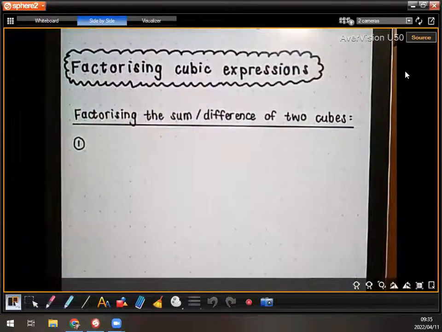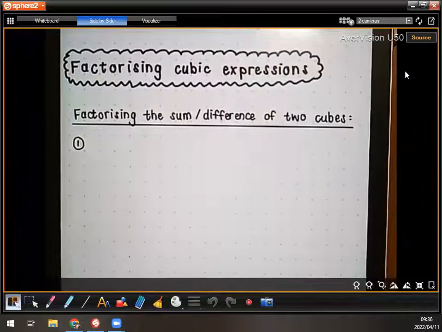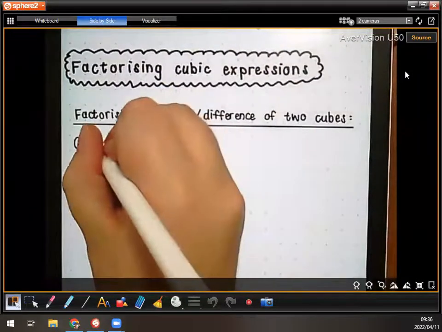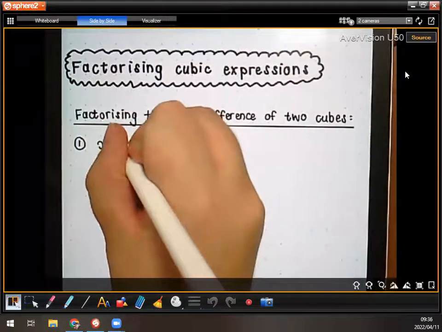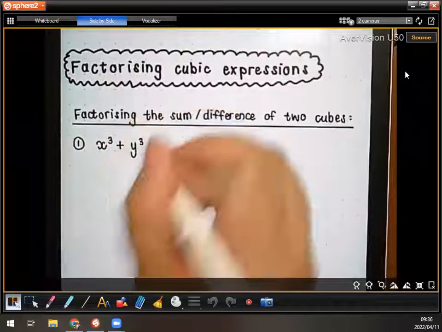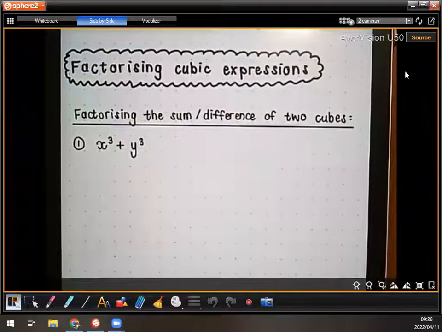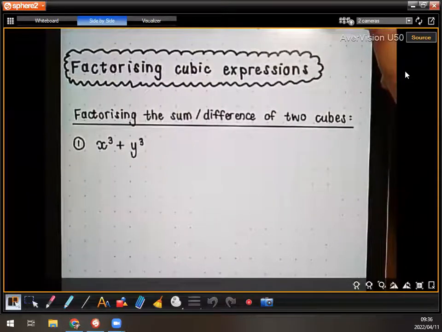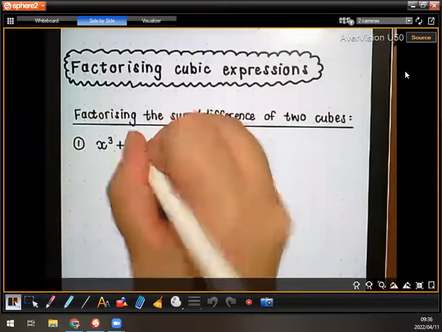So we'll just do an example of each. If you had, for example, x cubed plus y. Let me rather not, sorry, have you written that down already? Let's rather do x cubed plus 8, sorry.